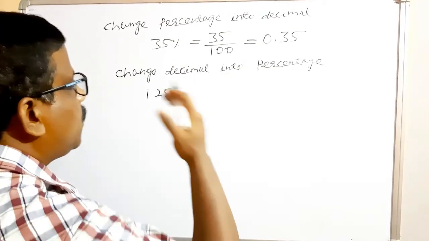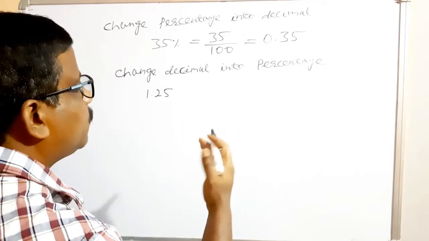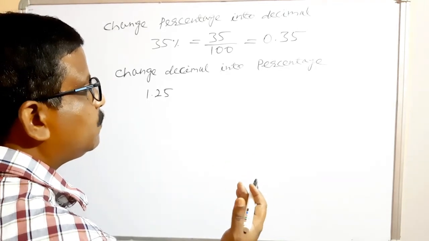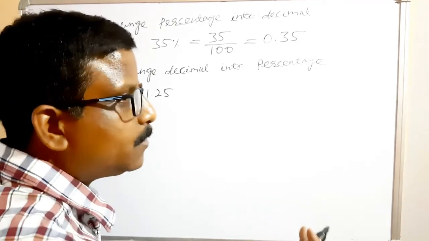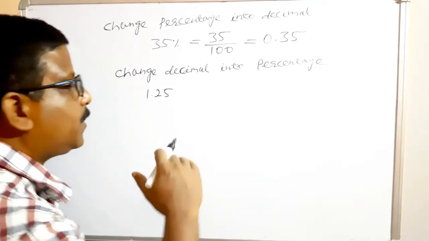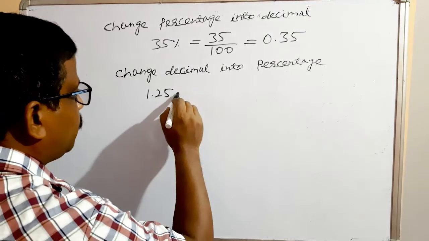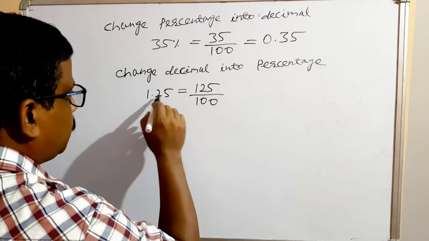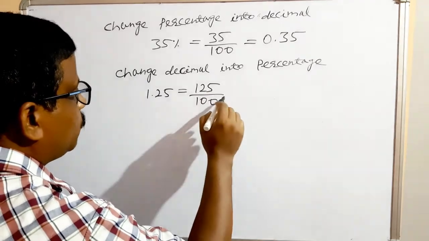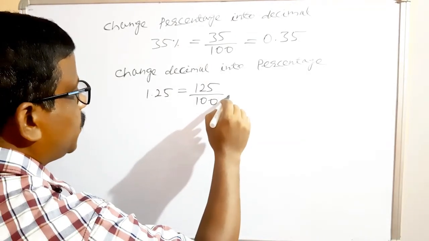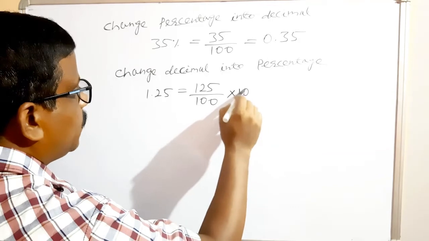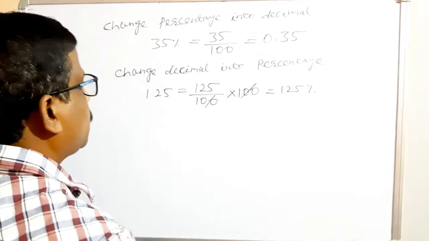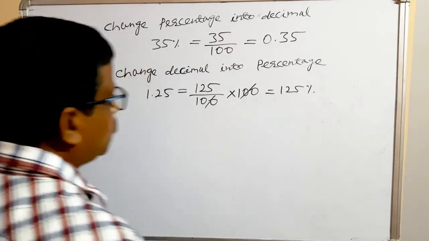In a percentage question, whatever the form, we first change into fraction form, then fraction form to percentage by multiplying by 100. And changing percentage into fraction means dividing by 100. So 1.25 first becomes the fraction 125 by 100, as there are 2 numbers after the decimal point. Then to change to percentage, multiply by 100 and cancel. So it will be 125%. Understood? That is how decimal changes into percent.